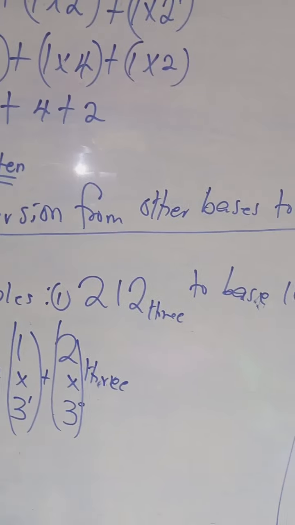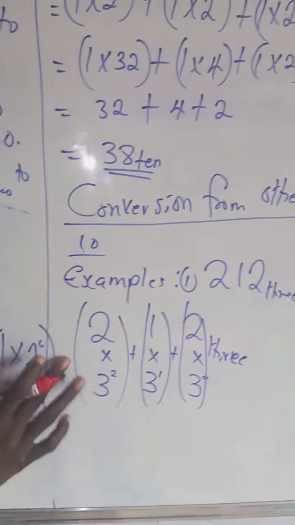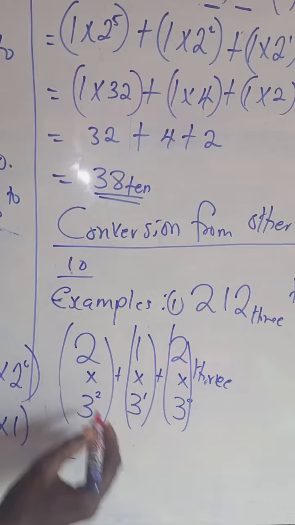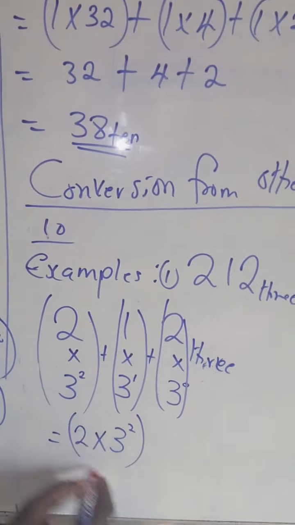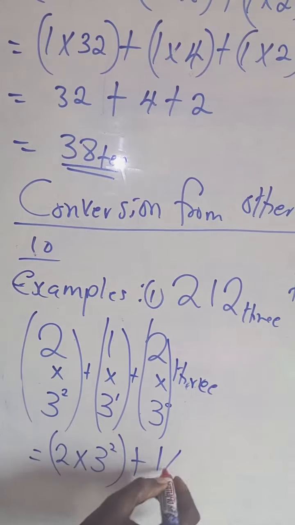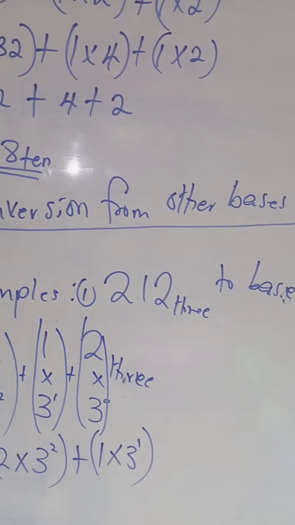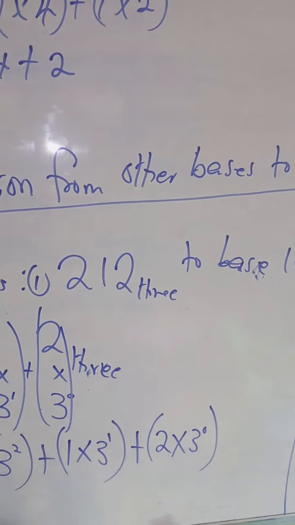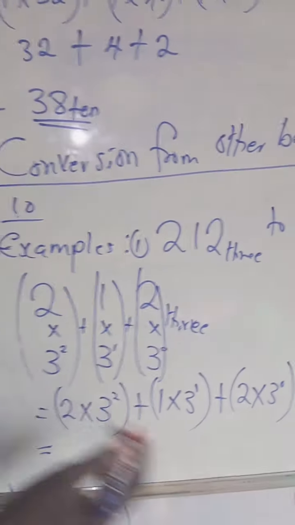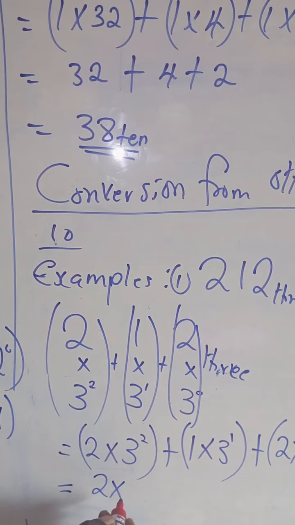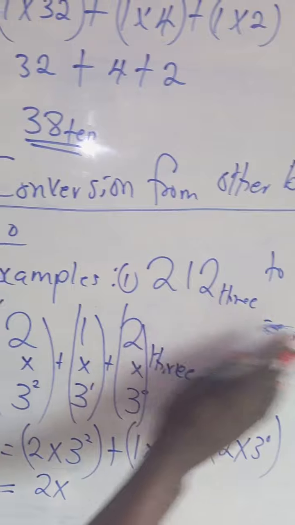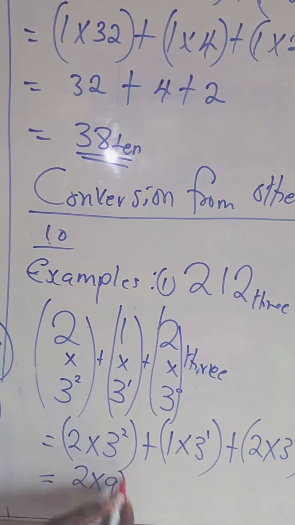So this one I'll end up having equal to 2 times 3 raised to power 2, add 1 times 3 raised to power 1, add 2 times 3 raised to power 0. And this will finally give me, so we have 2 times 3 raised to power 2, which is 3 times 3, which gives me 9.